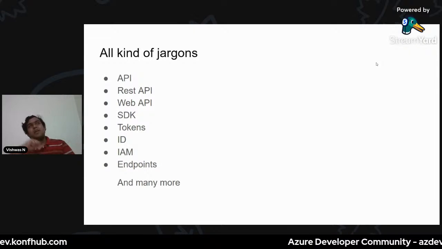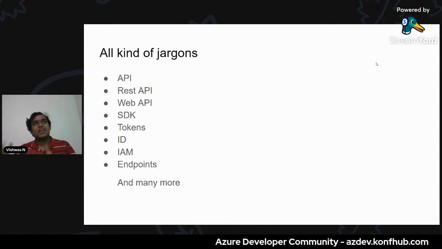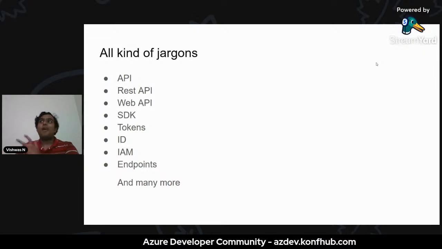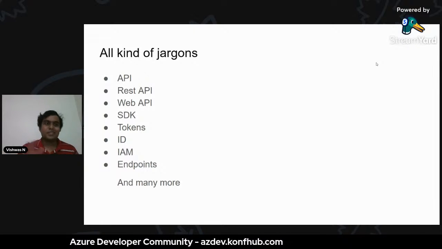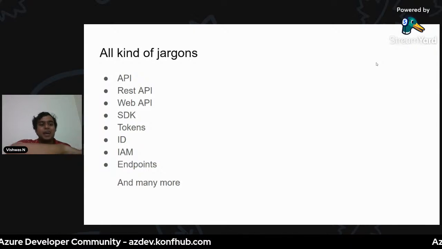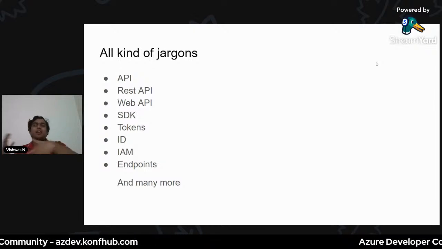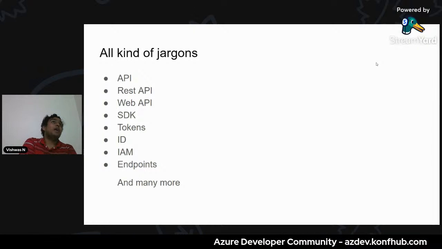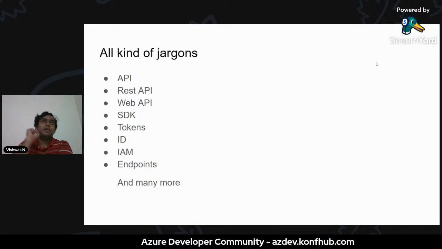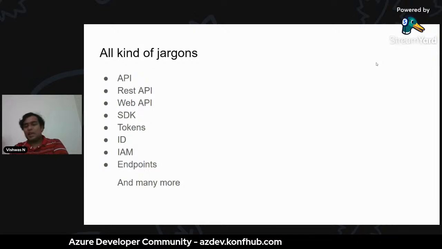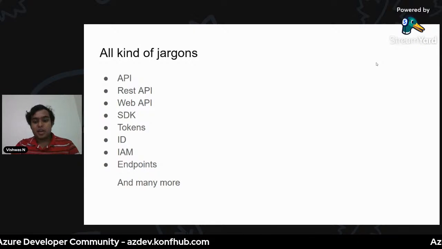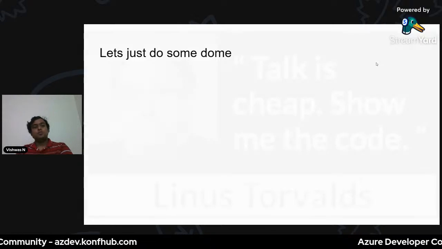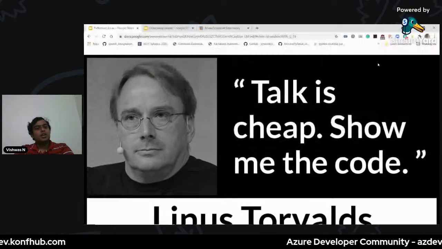APIs have endpoints and things like that. SDKs are where you call an API using an SDK. Things are simple. Tokens, IDs, IAMs, endpoints. IAMs are access managers where you look at who can access it and who is also taking control of my application and things like that. So many more. So let's just do some demo out there.